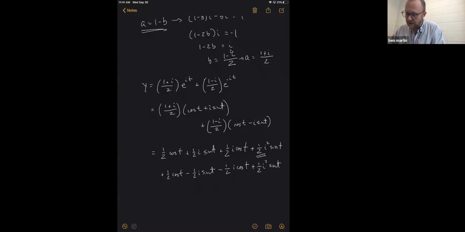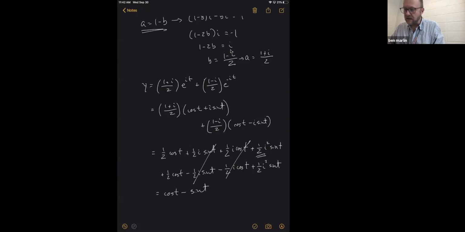So I wrote those the way I did so that you could see those canceling out. Now I have 1 cosine t minus, because the i squared is really -1, minus 1 sine t.